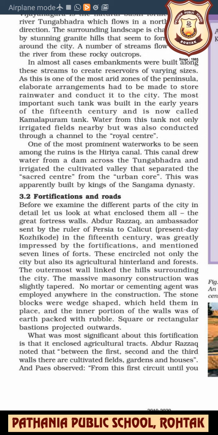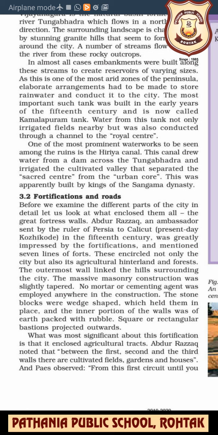It means the forts were surrounded by seven lines, and these encircled not only the city but also its agricultural hinterland and forest. So the design of the city, beta, was that around the royal center there were seven lines. And even the agricultural area was included under the seven lines, which means the agricultural area was also protected.